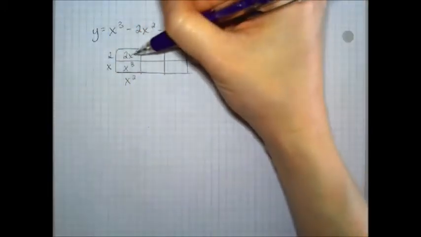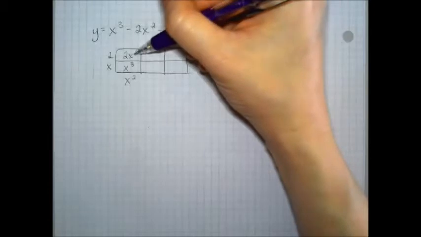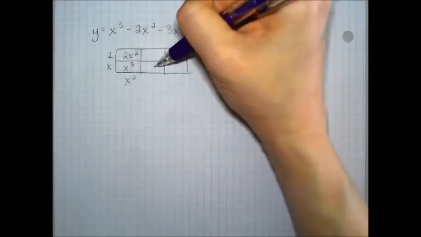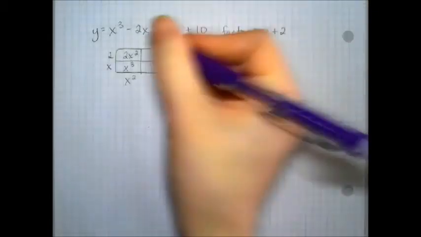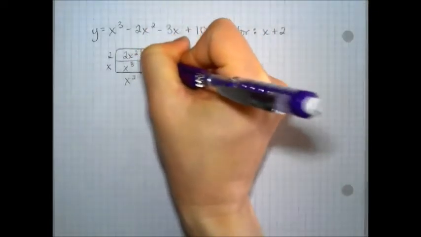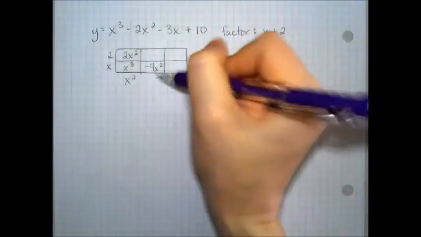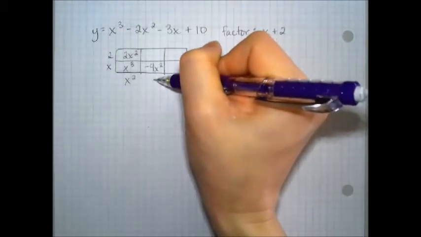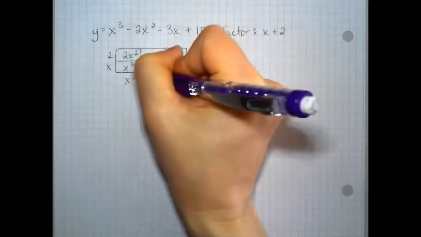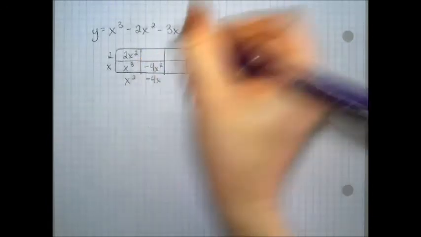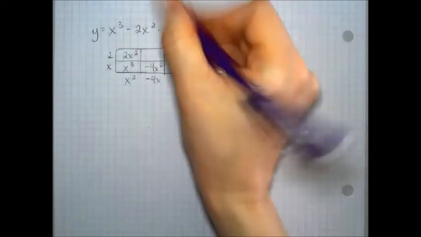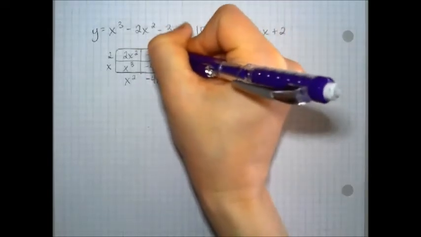So, the next thing that I know is that these two terms have to add up to give me a negative 2x squared. So what does that have to be? Negative 4x squared. And now I factor out, what does this need to be? Negative 4x.